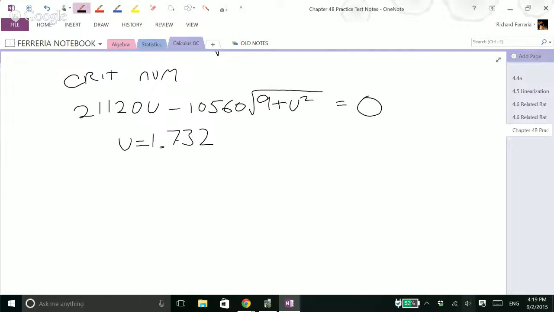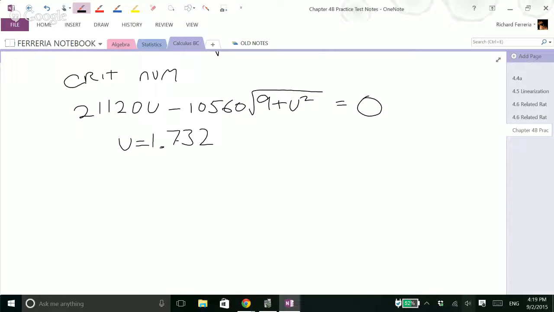All the way through the water, exactly. And if it goes all the way through the water, what's the value of U? 5. That's not what we have here, right? We already know the maximum is going to be when U is 5. So this is not the maximum, meaning probably the minimum.